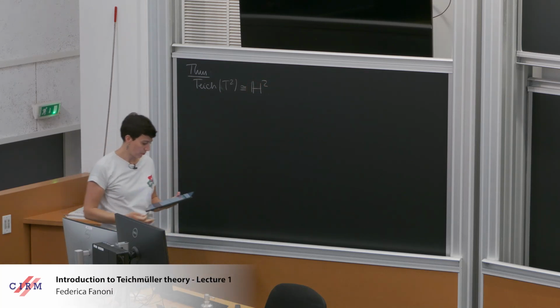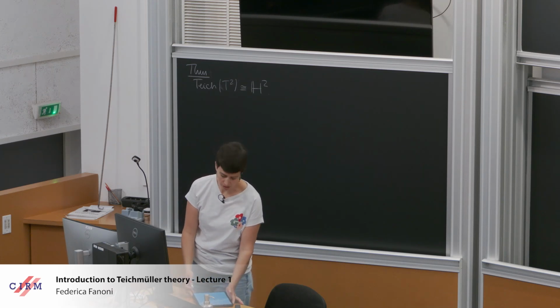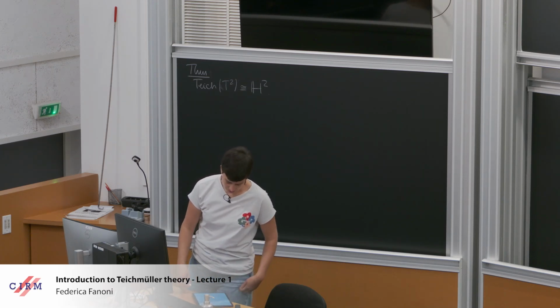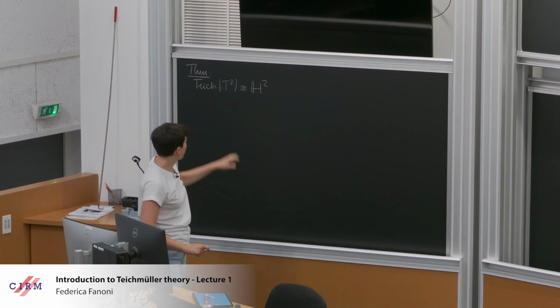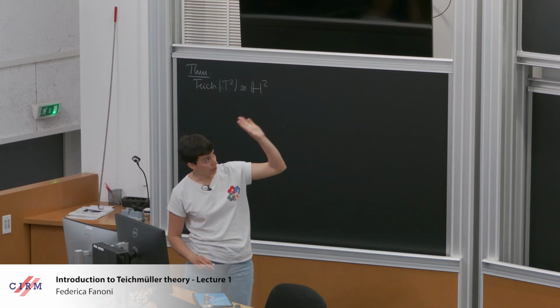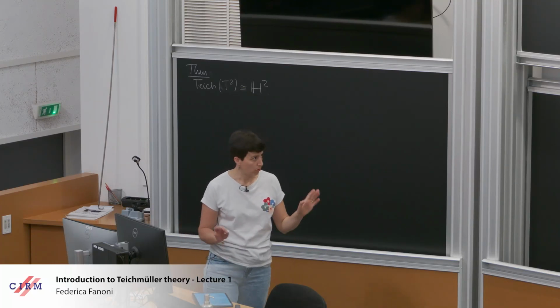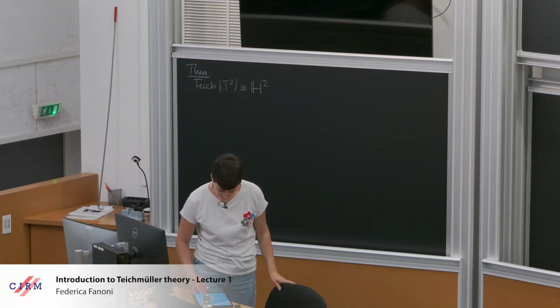For what I'm going to say at the moment, it's really just an identification, more a bijection, and then there's a way of making this into much more than a bijection. But I have defined Teichmüller space at the moment really just as a set. So this is the only thing we can talk about.